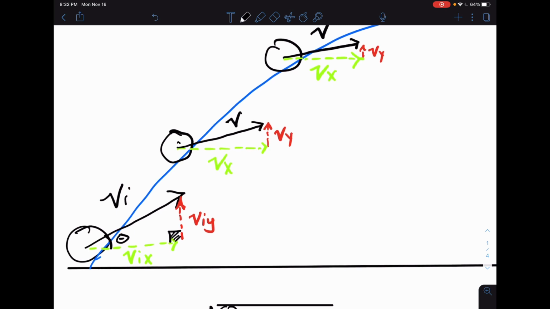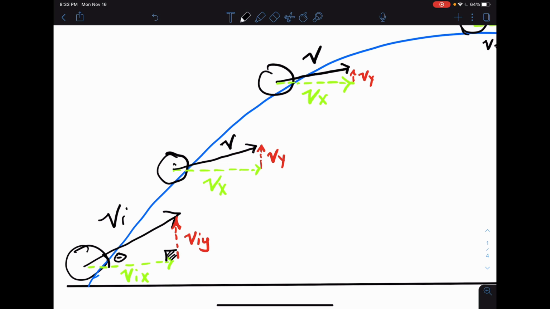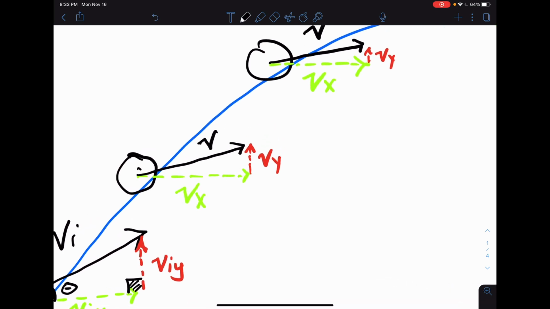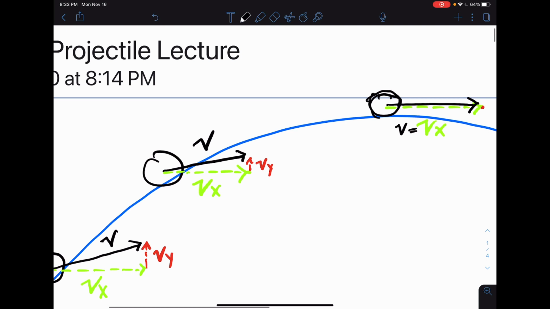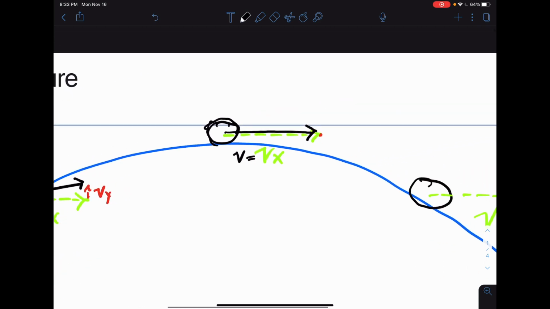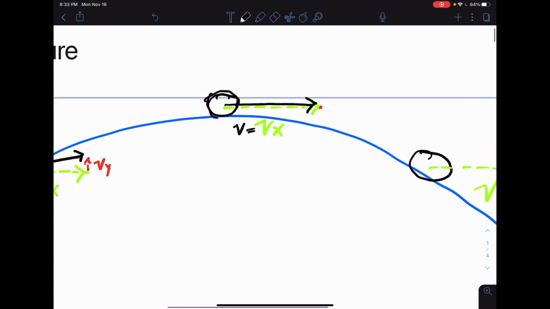Vx doesn't change the whole time. So the ball is moving the fastest because it has the largest magnitude of total velocity at the very bottom. And then it gets a little slower here because you're adding the smaller Vy, slower still, and the slowest it's going to be at the top where V just equals Vx.